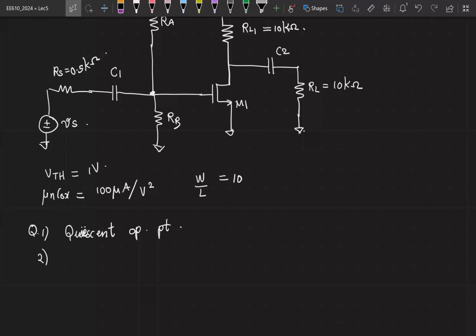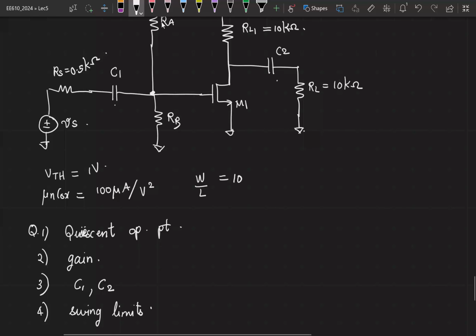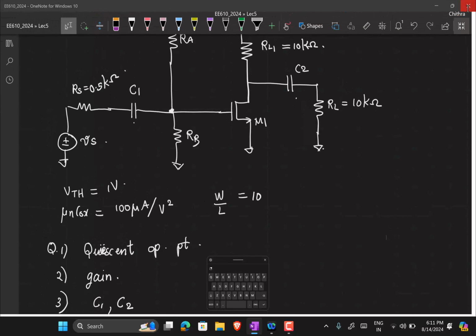Small signal. So you want to find out the gain. Then, we spoke about how you have to choose the values of C1 and C2, so determine what C1 and C2 should be. And finally, the swing limits. Okay. Please feel free to discuss with your partner while you are solving this.